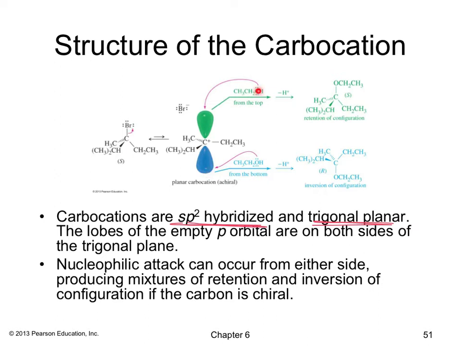Now you can have attack of, in this case, ethanol on the top, deprotonation, and then you go from S to S. This is retention of configuration. If you've got attack on the bottom and deprotonation, you're inverting the configuration from S to R. Because you can have attack on both sides, again, you're going to get mixtures.